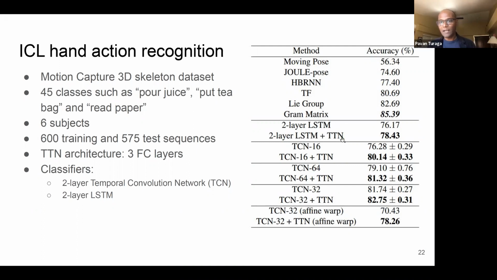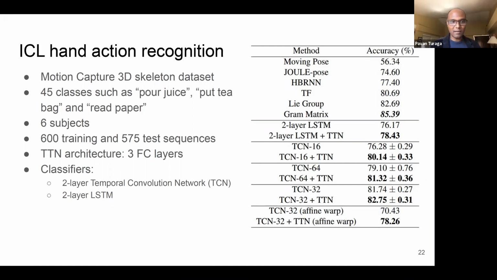It does something, and then you add a TTN module, you drop it in, and the numbers bump up. We have several architectures like this, TCN 16, and when you drop in a TTN layer, numbers go up. 64, again, numbers go up. So we are consistently seeing that when we add our TTN module, dropped in at the right spot, of course, numbers do go up, and this is across architectures.